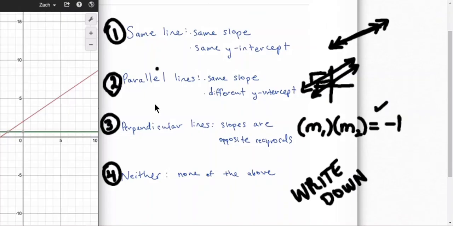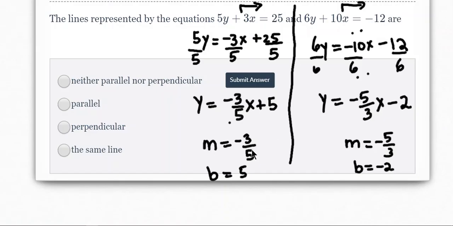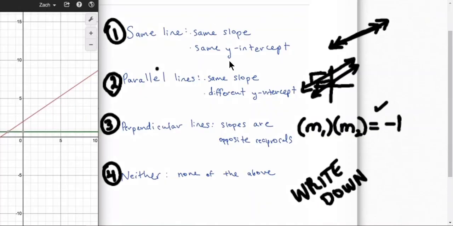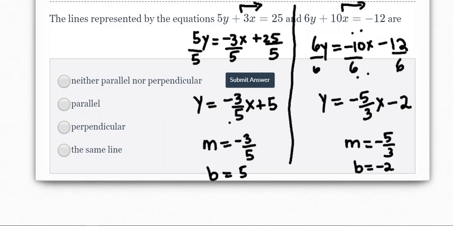So they're not parallel. All right, perpendicular means the slopes are opposite reciprocals. Well, it looks like they're reciprocals of each other, right? That's a 3 over 5. But it's misleading because they're both negatives. And technically, they're supposed to be opposite signs, one positive and one negative. And here, I'll prove it to you. If you multiply negative 3 over 5 times negative 5 over 3, you're actually going to get a positive 1.